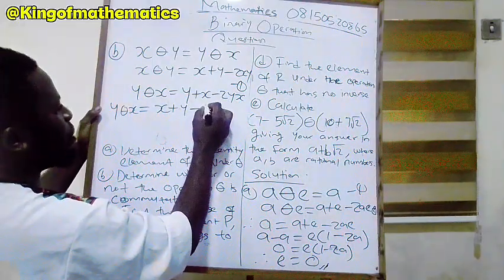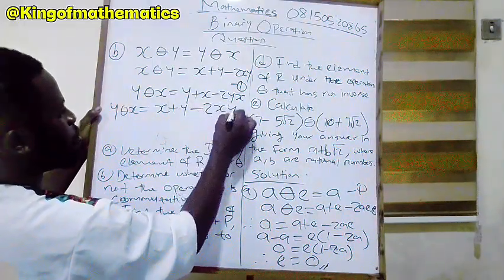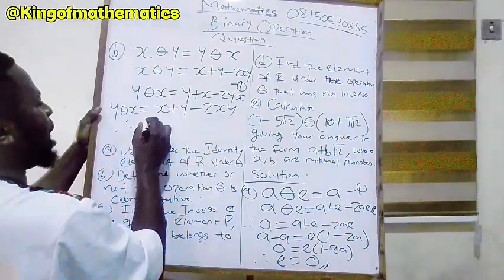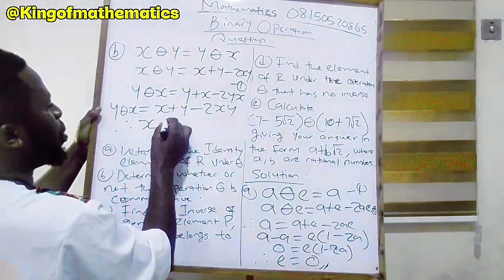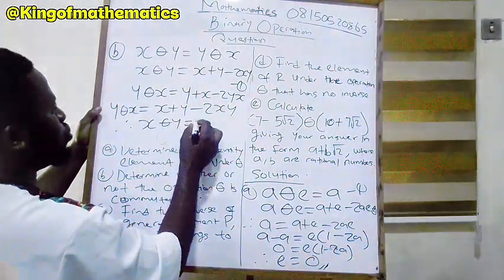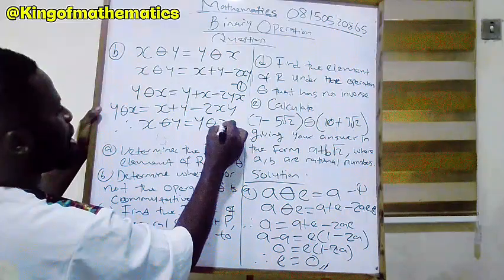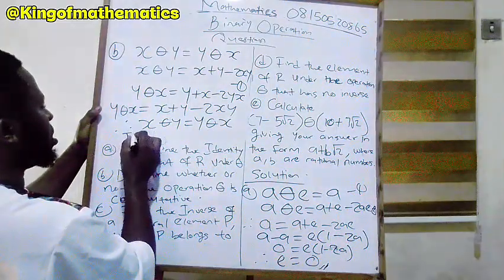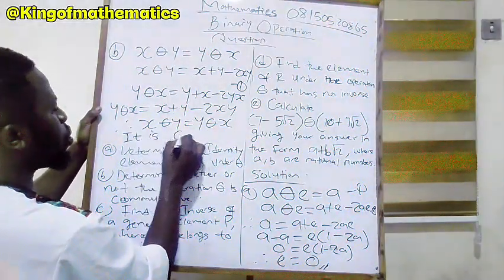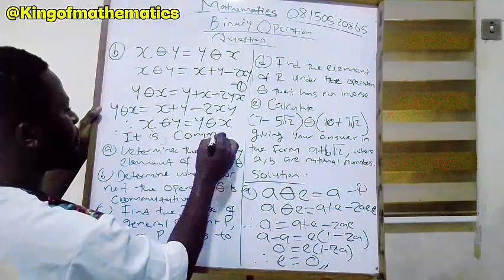So therefore, we have x operation y equals y operation x. It is commutative.